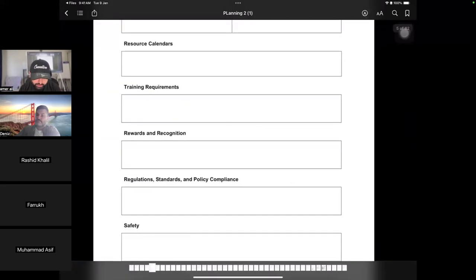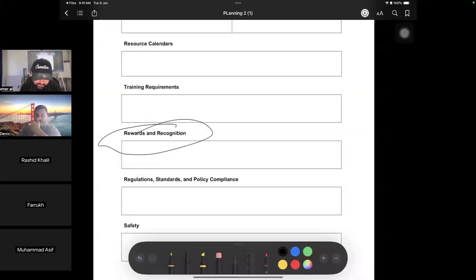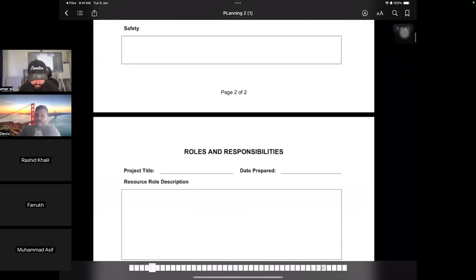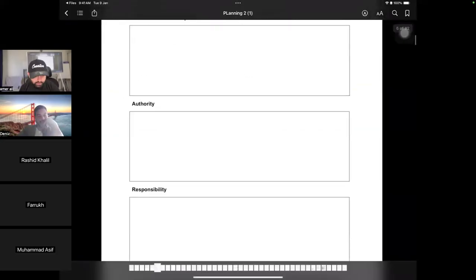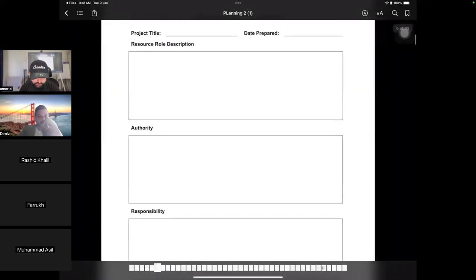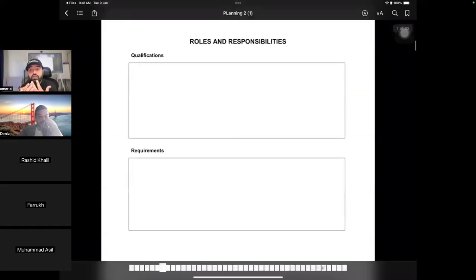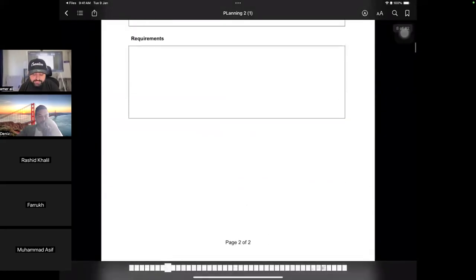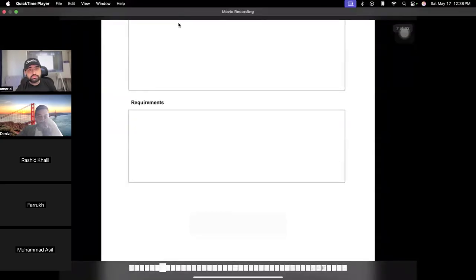Very important thing: rewards and recognition. You need to understand the culture before you provide the rewards and recognition. Some safety requirements, policy compliance requirements. Who has authority, responsibility, qualification. What type of resources is needed? Okay, requirements. That is your resource management plan.